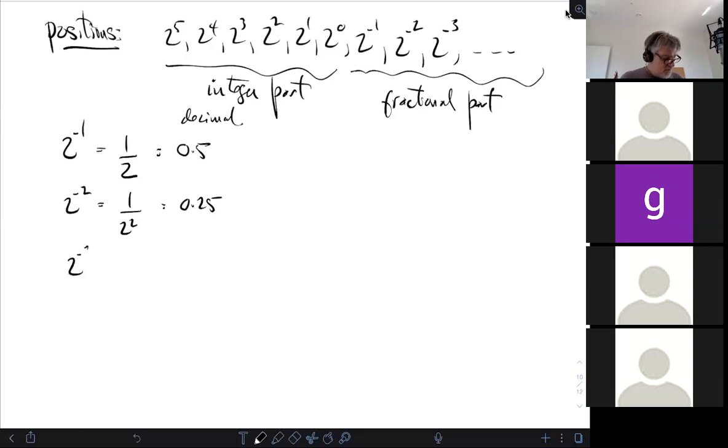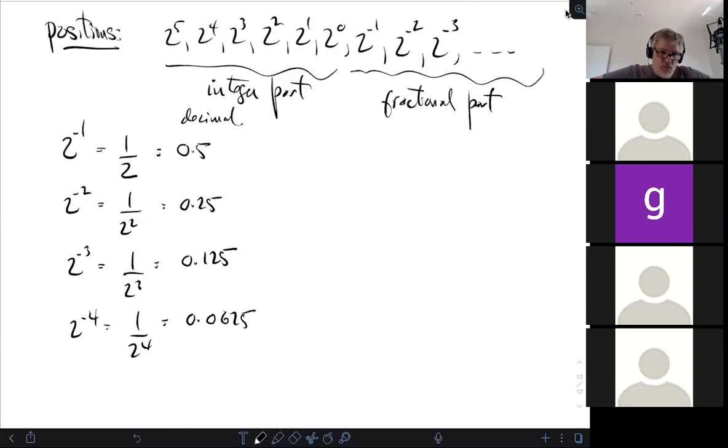I'll write the next one here. Maybe 1 over 2 power 3, that's 1/8, that's 0.125, and I might need 1/16, which is 0.0625.